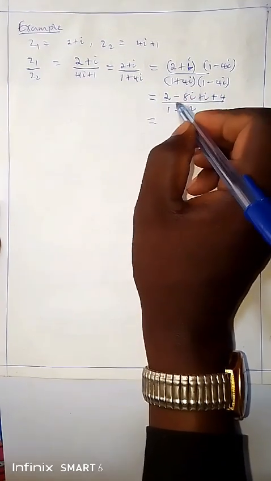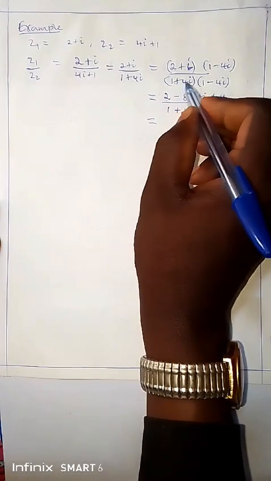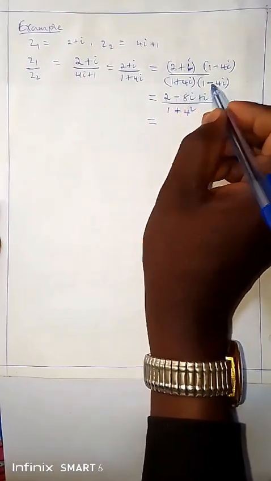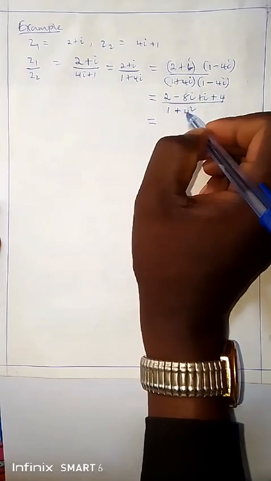Or if you can't get it directly the other way, open these brackets and multiply everything, and you will end up with something of that form.